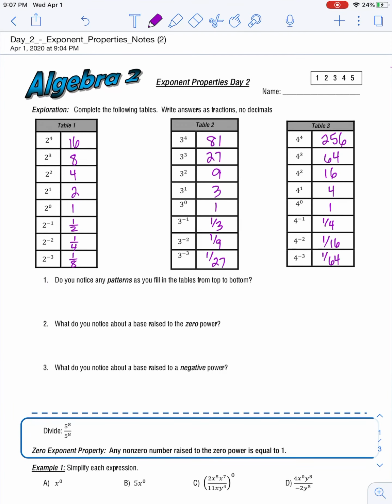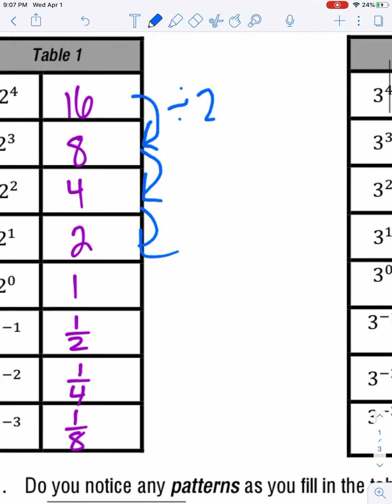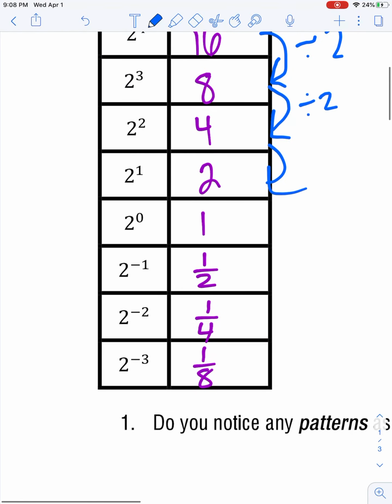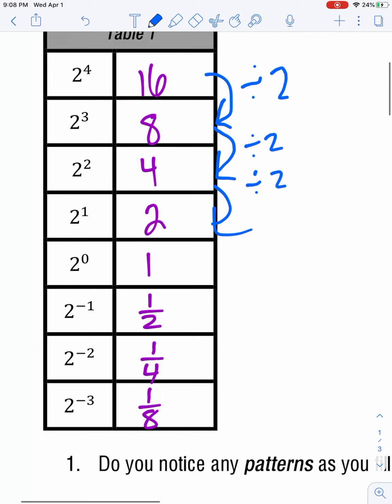So the first question asks, do you notice any patterns as you fill in the table from top to bottom? If you look at table 1, to get from 16 to 8, and then 8 to 4, and 4 to 2, and so on, we're dividing by 2 each time. 8 divided by 2 is 4. 4 divided by 2 is 2. 2 divided by 2 is 1. 1 divided by 2 is 1/2.